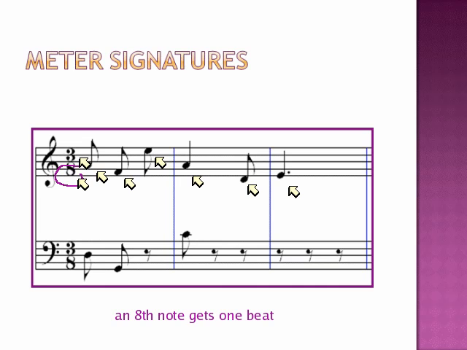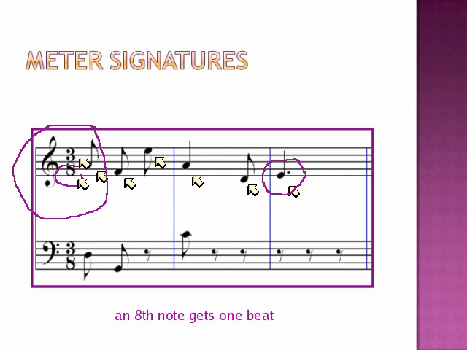And then half of that is another 8th note. So this note in this meter signature, the dotted quarter in 3/8 time, gets 3 beats. In 3/4 time, it got 1.5 beats. Now, I don't want to get you too confused on this, but it gets 3 beats, so that is a correct measure.